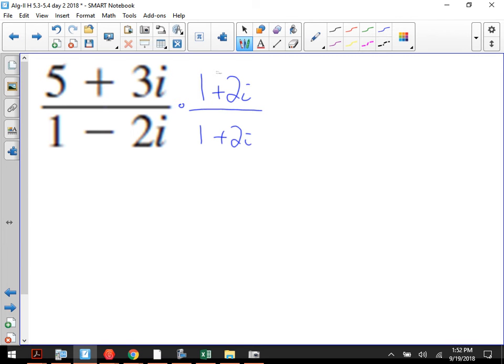Now, when you're working with these with the imaginary, I would suggest that you take care of your denominator first. Foil it out. You got 1 minus 2i plus 2i minus 4i squared.